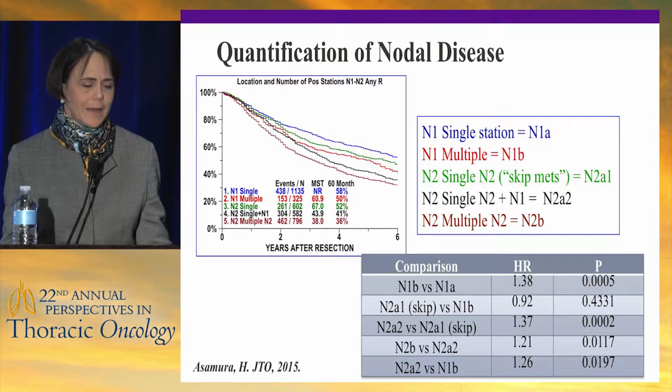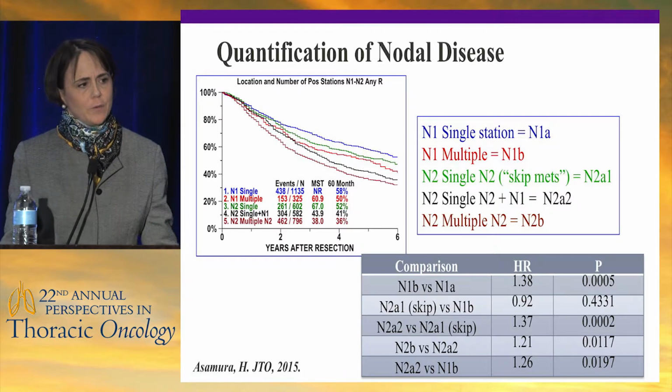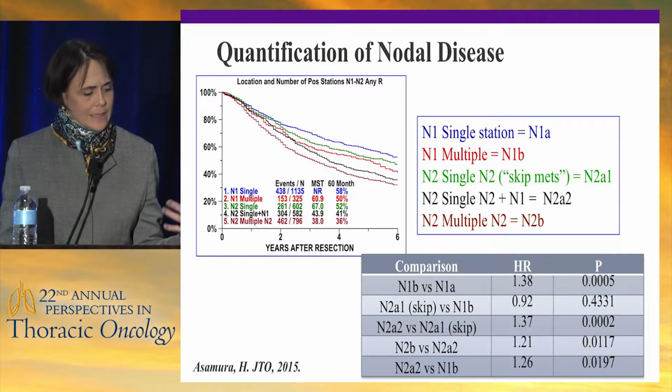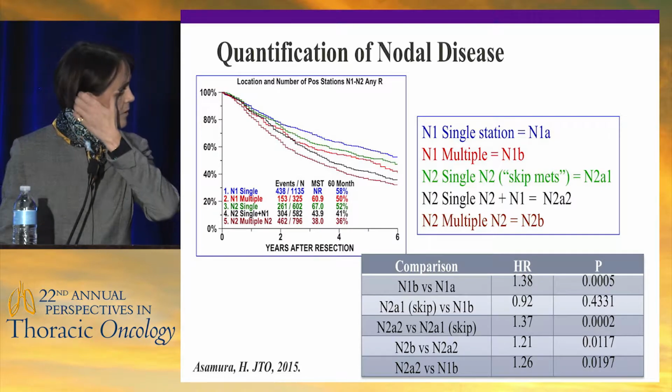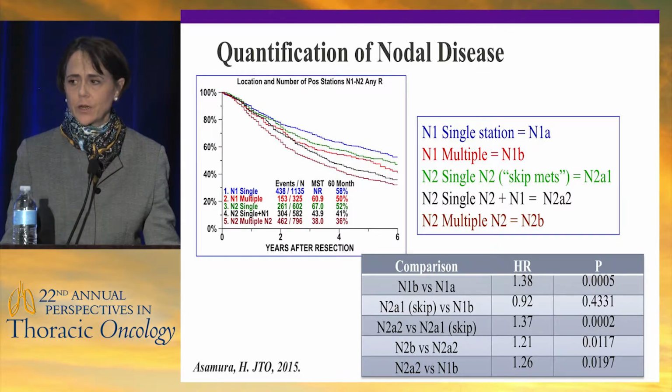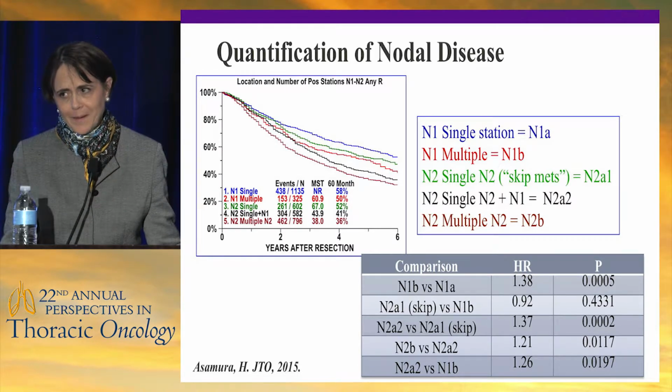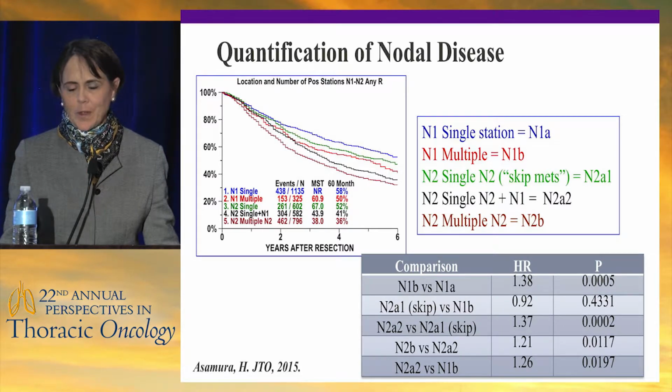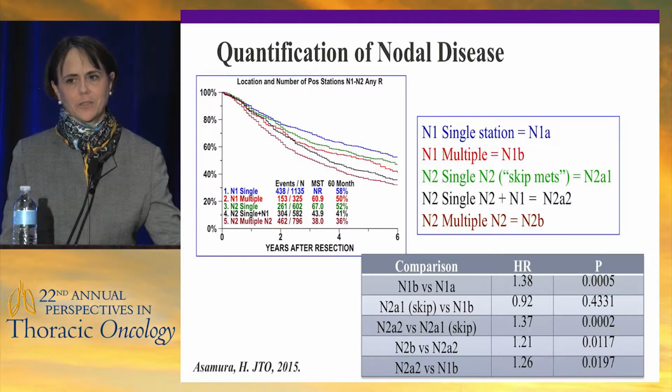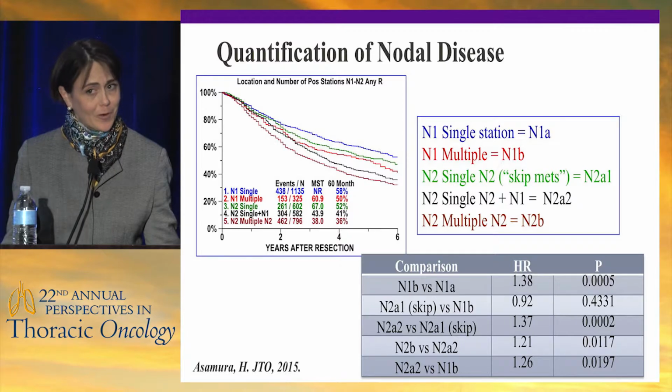Has an N1 and an N2, versus N2b, which is multiple. And you can see with the survival curves that there is clearly prognostication here, but it's pretty complicated. So I do think we're a ways away, but I always think that these little suggestions are things that we are thinking about for next time.